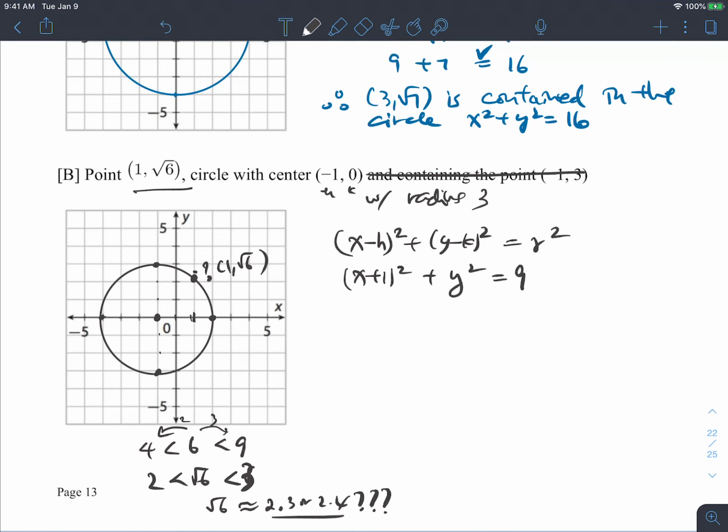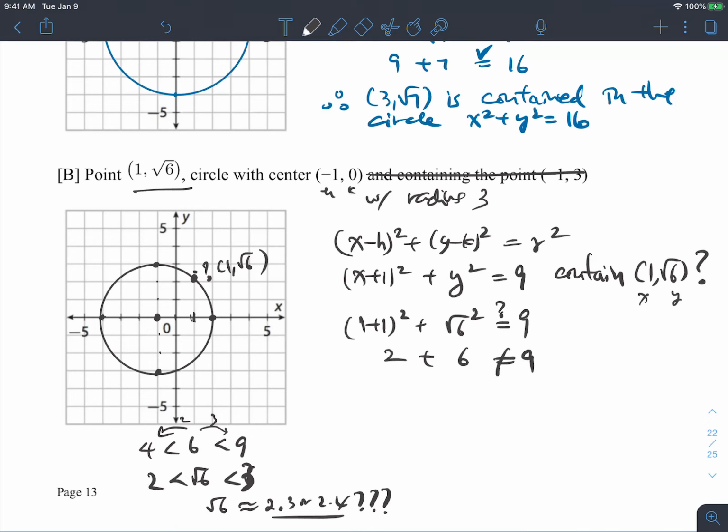The question is, does that contain (1, √6)? If it does, if I plug in the values of x and y, the equation should be satisfied. Let's do that, shall we? (1 plus 1) squared plus (√6) squared is equal to, question mark, is that equal to 9? So that's 4 plus 6, which is 10. No, that is not equal to 9.